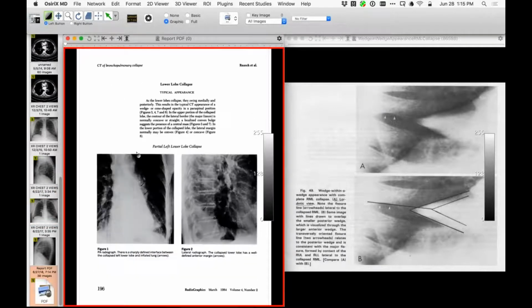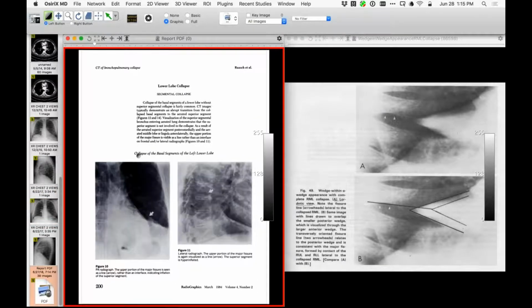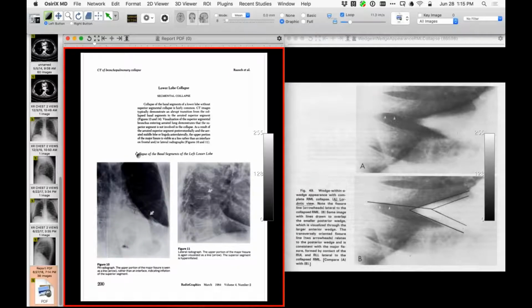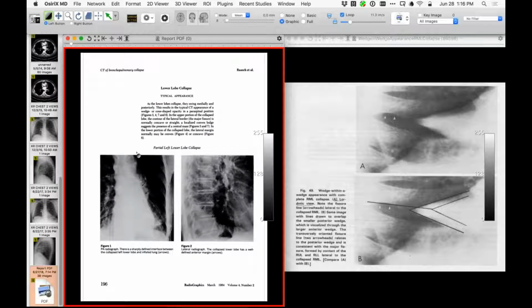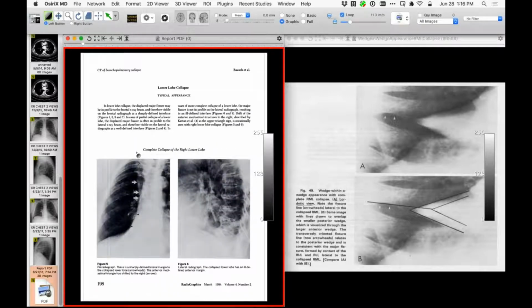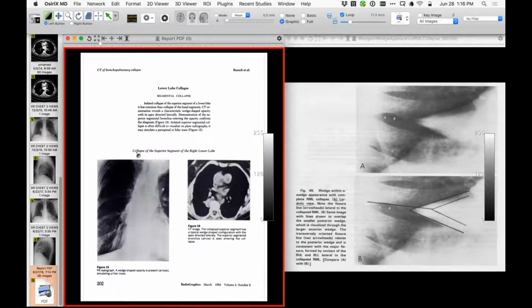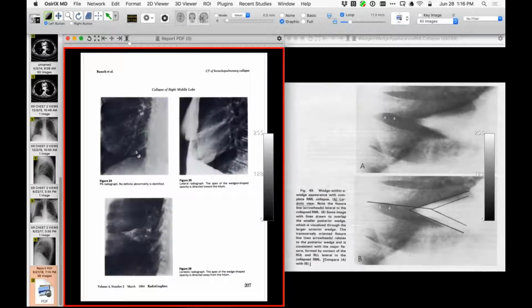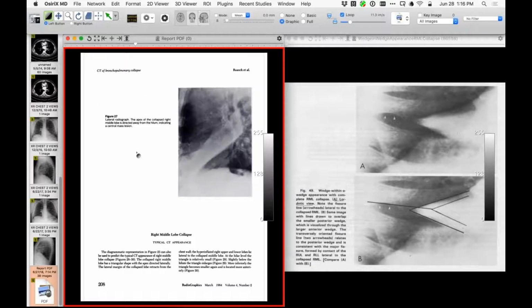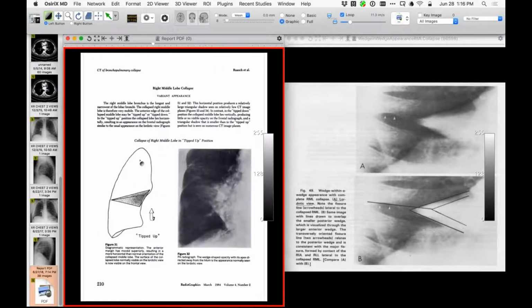And then this is a nice article about collapse on CT from the 1980s. What I need to do is find the so-called tipped up variant of right middle lobe that you see here, which is here.